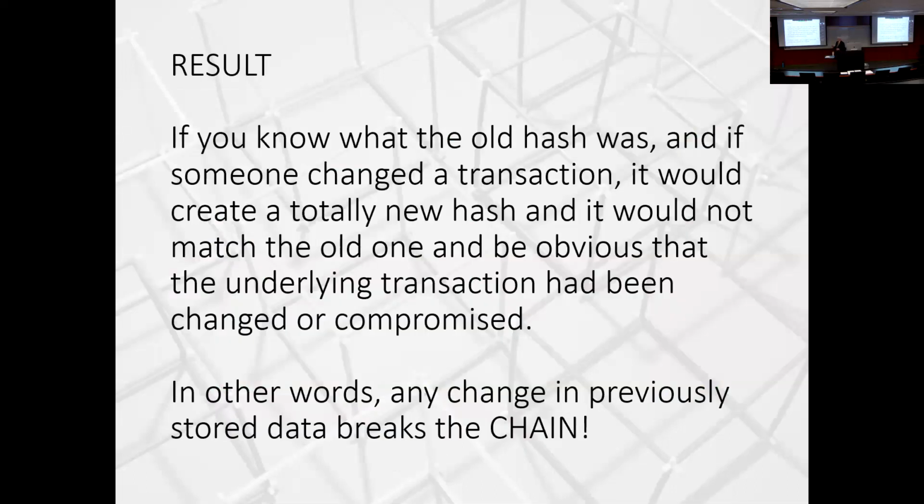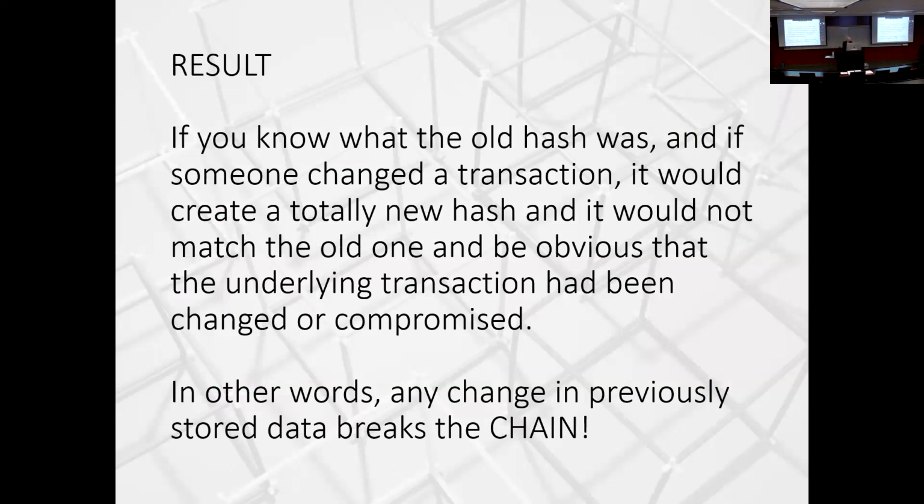So again, to repeat a little bit, if you know what the old hash was and someone changed the transaction, it would create, as we saw in the hello dot, hello small h, a totally different string. And so it would break the chain. And I said, you could no longer go backwards on the chain.